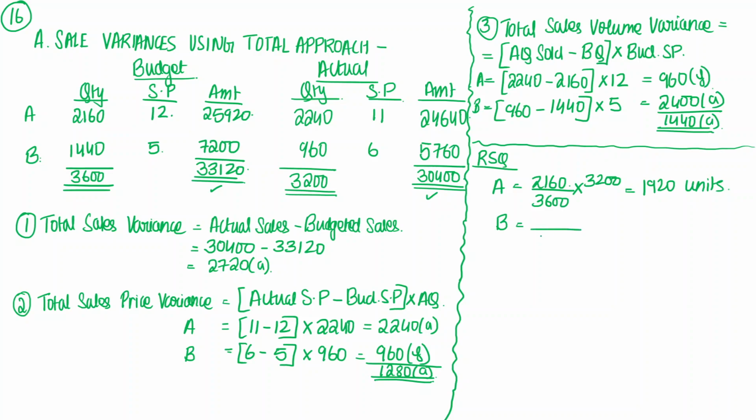If 3600 units are sold, 1440 units will be for B. So if 3200, how many should have been for B? 1280 units.